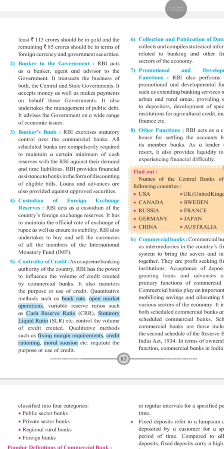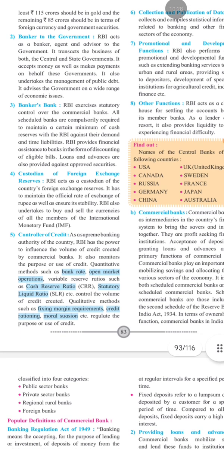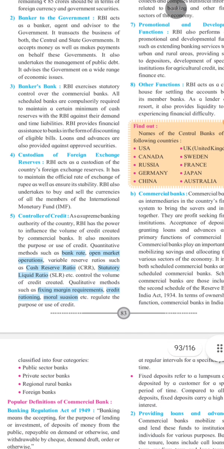Wherever the government needs financial advice, RBI provides it. The third function is that it is the bankers' bank. Just like we keep our money in banks, commercial banks keep a part of their reserves with RBI. Whenever banks face a shortage of funds, RBI provides loans and financial assistance. That's why RBI is called the bankers' bank.